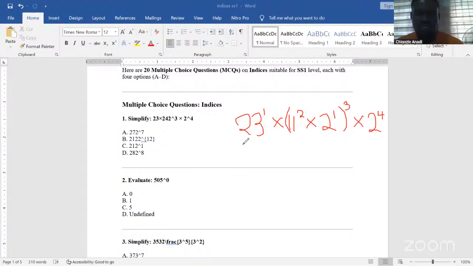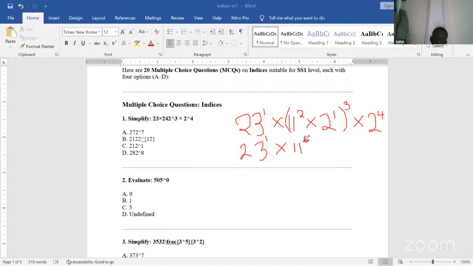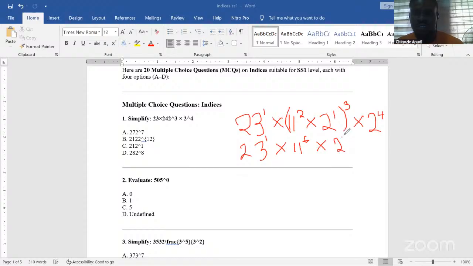So if you break it down, we're having 23 raised to the power of 1 times 11 raised to the power of what? 6, right? Times 2 raised to the power of what? 3, times 2 raised to the power of what? 4, right?